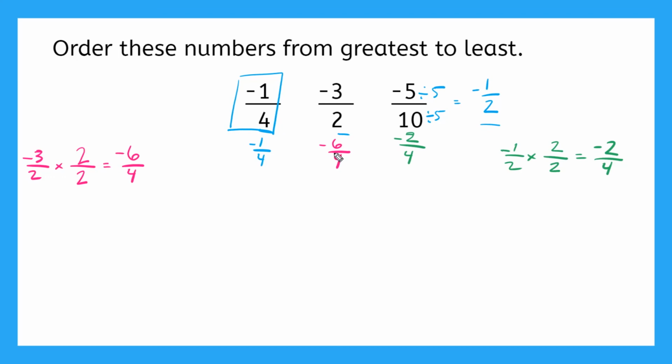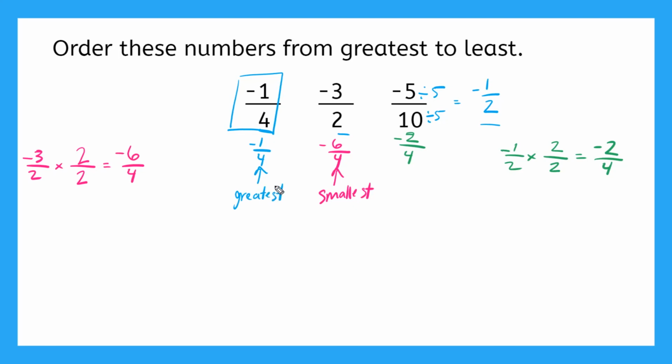It'll be the farthest away from 0. So with that being said, which of these numbers has the largest numerator? Yep, that's right. Negative 6/4 right here. So that is our smallest. So then which one of these has the smallest number on top? Yep, negative 1/4. So that'll be our greatest negative fraction.